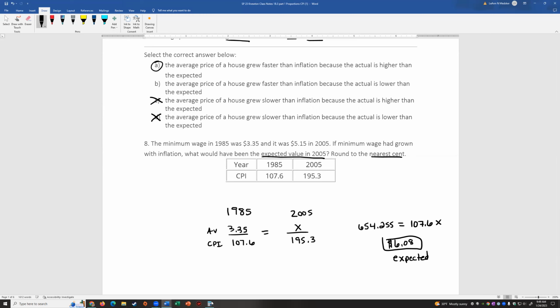And the actual wage that people made in minimum wage in 2005, the average was $5.15. So it's very interesting. This is a lot of times why people get into discussions about wages not being enough, is because prices of housing and goods a lot of times are growing faster than the rate of inflation, but our wage system is growing slower, because we're almost a full dollar under what we expected by the inflation rate.